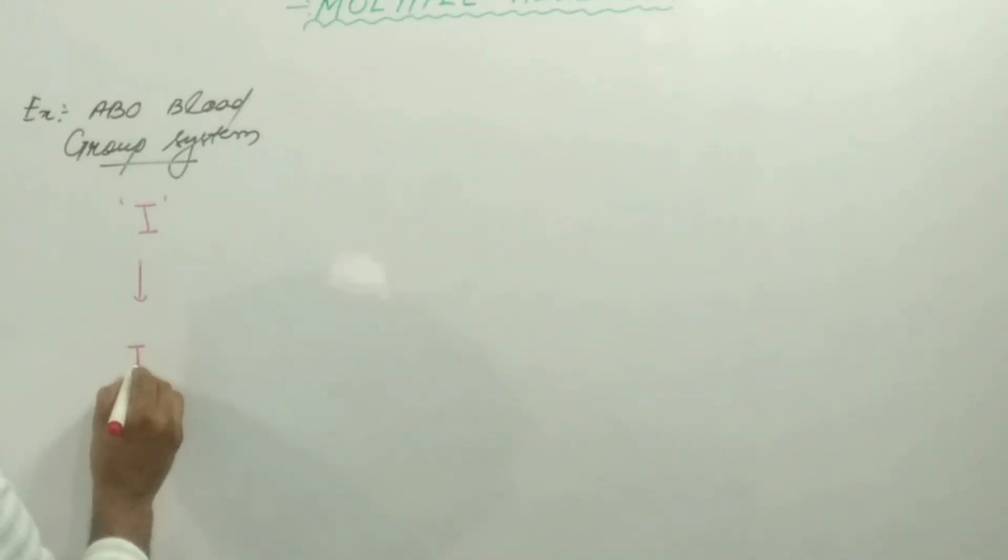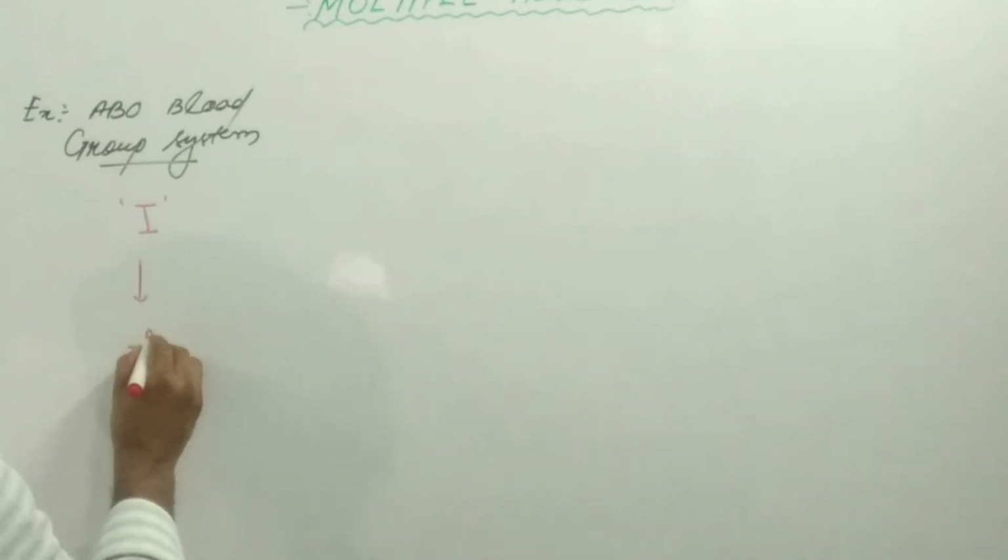Suppose this is one form, this is another form, and this is another form. We are using the same symbol with different superscripts: IA, IB, or IO.